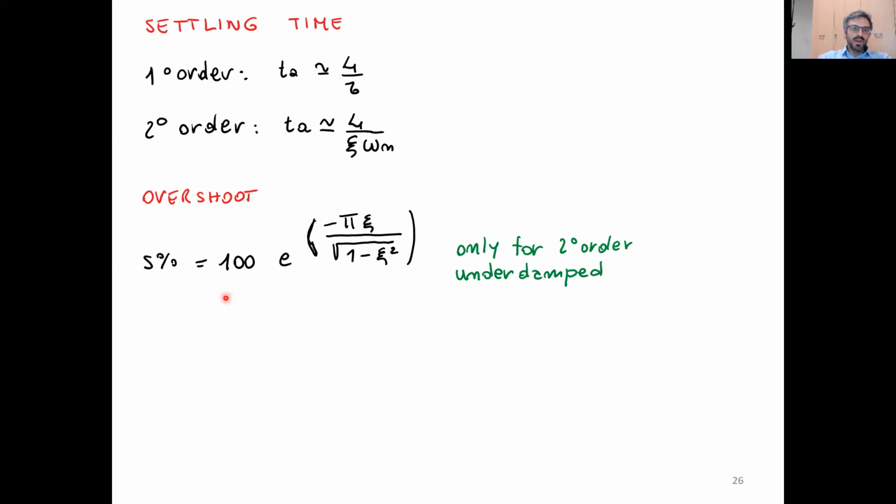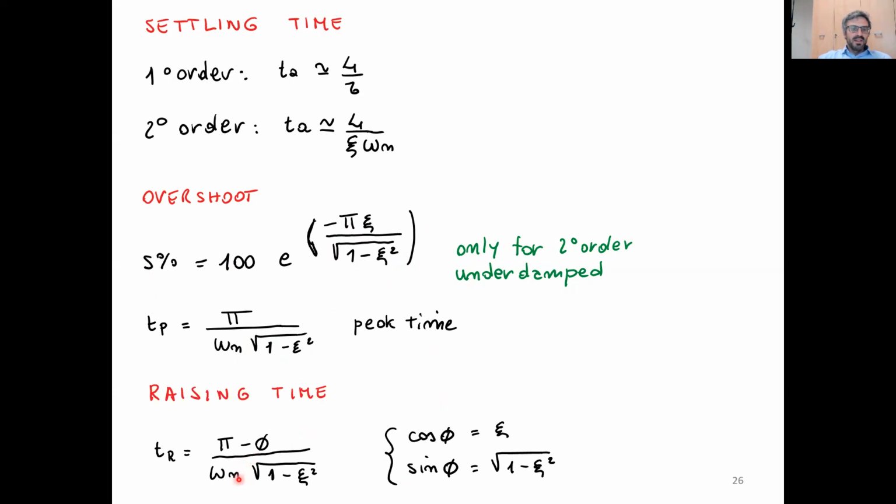We define this way in percent, and the peak time is the point where you have the overshoot in time related to the overshoot point, and the rising time is the time that it takes the system to get from 10 to the 90% of the equilibrium point.